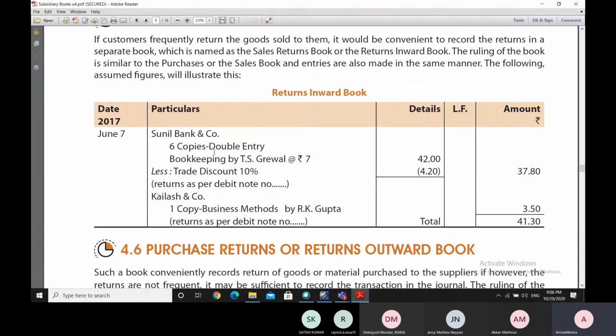And whenever a sale return is made, the person who is returning back certain goods will issue a debit note to the person who had sold them. So we can write the debit note number also while making the entry in the return inwards book.